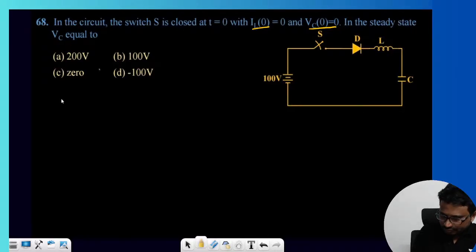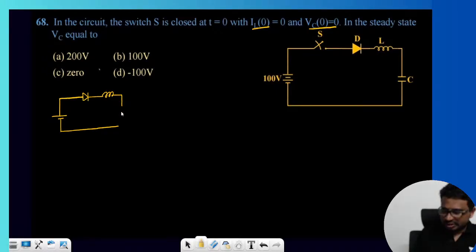Now, for T greater than 0, the switch is closed, and here a diode is placed. Now whenever the inductor and capacitor both are connected, better you go for the Laplace only.